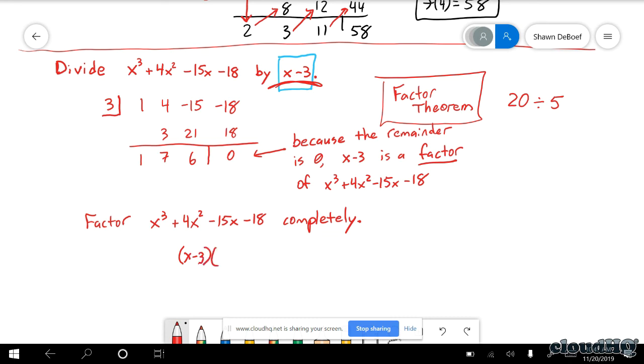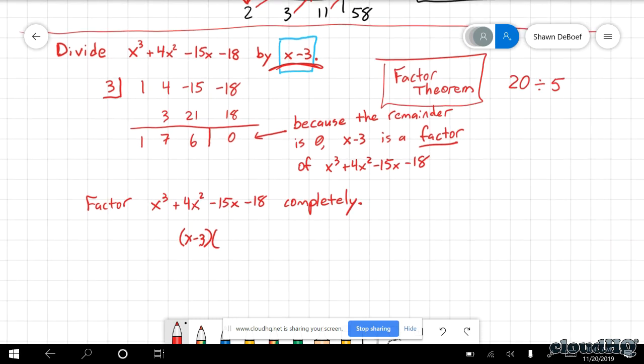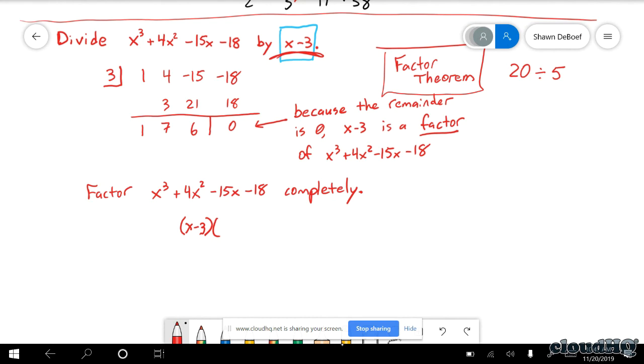So when I factor that out, what am I left with? When I factor out x minus 3, what's left? I'm left with x squared plus 7x plus 6.